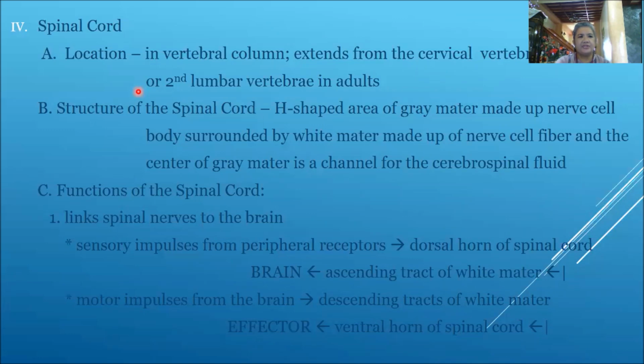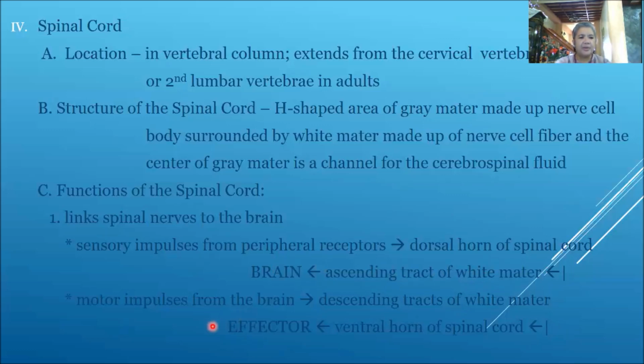Now, what is the function of the spinal cord? One, it links spinal nerves to the brain. Sensory impulses from the peripheral receptor will go to the dorsal horn, or dorsal column, of the spinal cord. And from there, several nerves will group together to form the ascending tracts of the white matter before it will go to the brain.